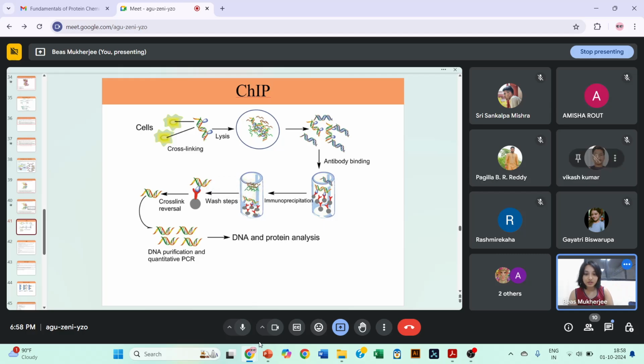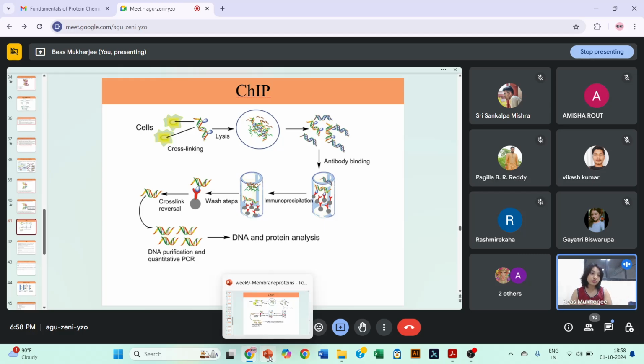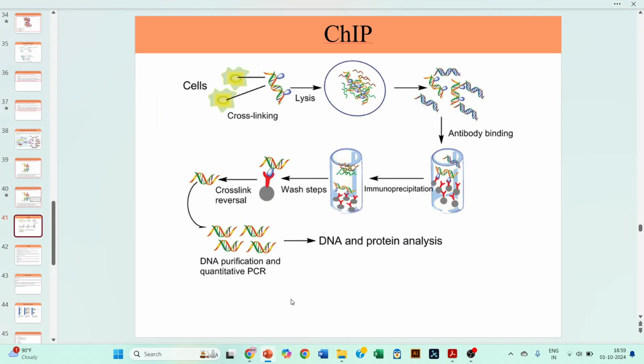Okay. So this is very useful, and from chromatin immunoprecipitation you can also take the DNA for, let's say, sequencing, and you can know about its sequence, and you can isolate it, and you can study both the protein and the DNA interactions in vitro as well. So this is actually a very useful assay.